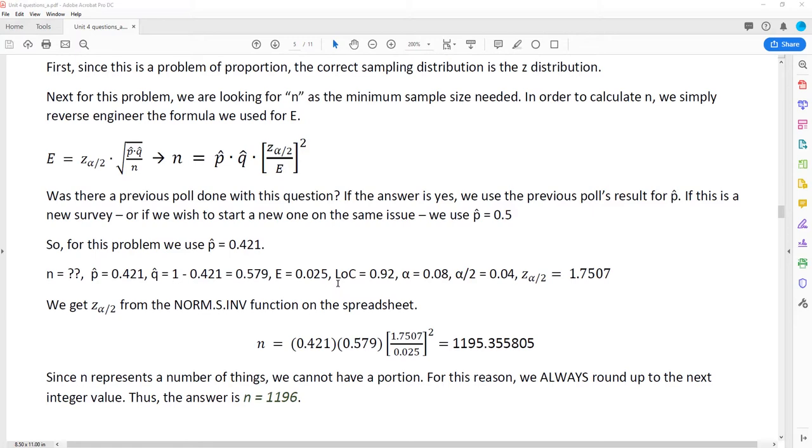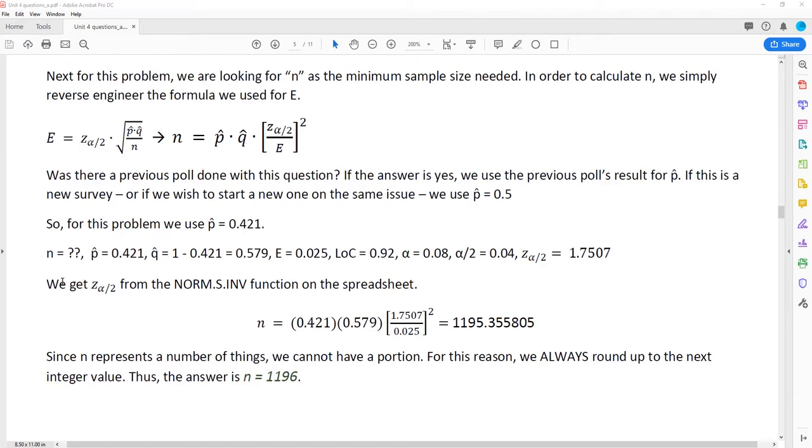So we use that for P hat, except we write it as a decimal, so P hat equals 0.421. The parameters, we have N equals, that's what we're looking for. P hat equals 0.421. Q hat is always 1 minus P hat, and that ends up being 0.579.